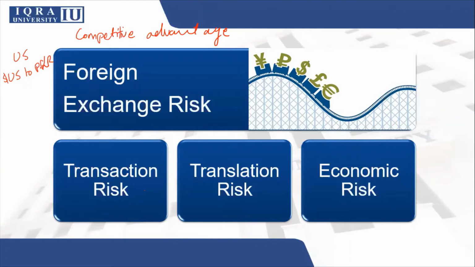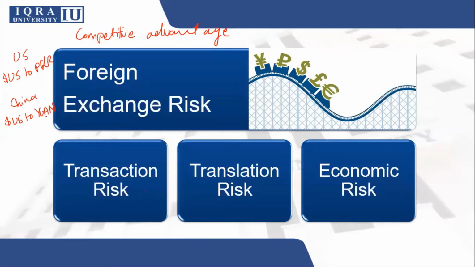But also, if there are other competitors who are doing the same thing, so let's assume that there is another manufacturer in China and they are also exporting bed sheets to the US market, and they are your direct competitor. So you will also be impacted by what is the US dollar to the yuan exchange rate.